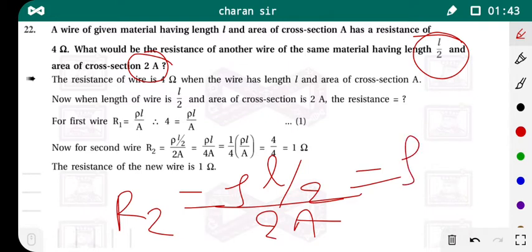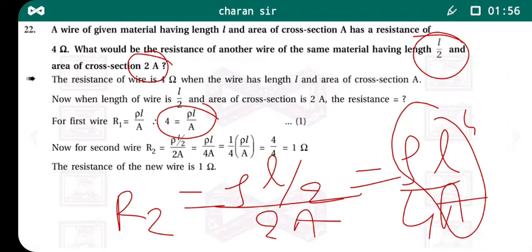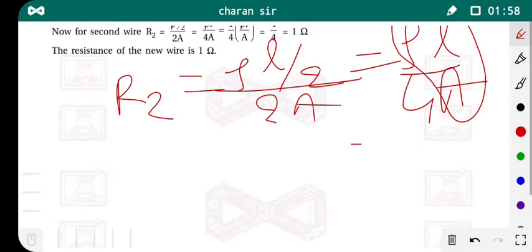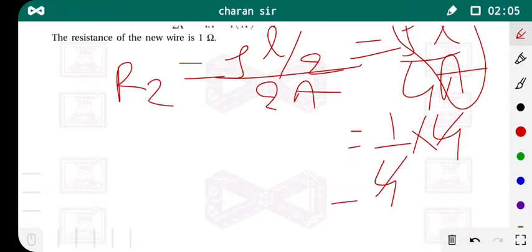So you get rho L, 2 twos are 4, this is 4A, but this value is 4. You can see this is 4. So now put values, that is 1 by 4 and this value is 4. The 4s cancel, you get 1 ohm.